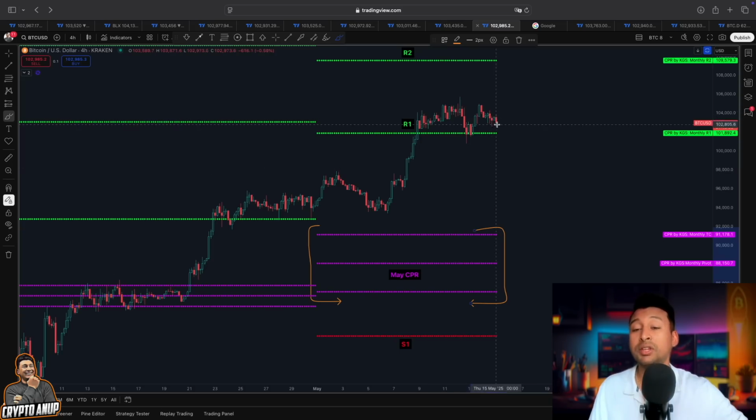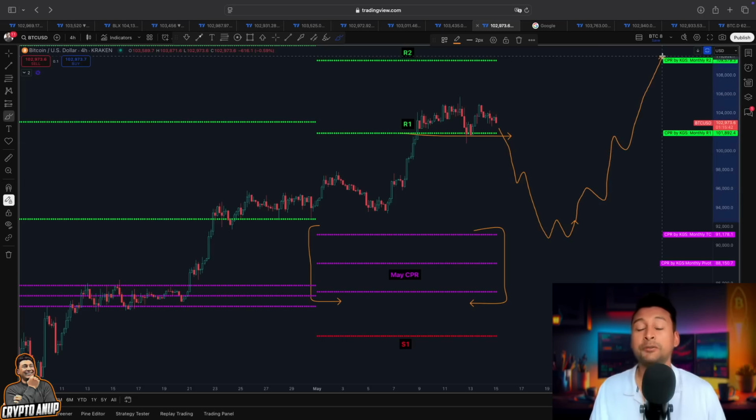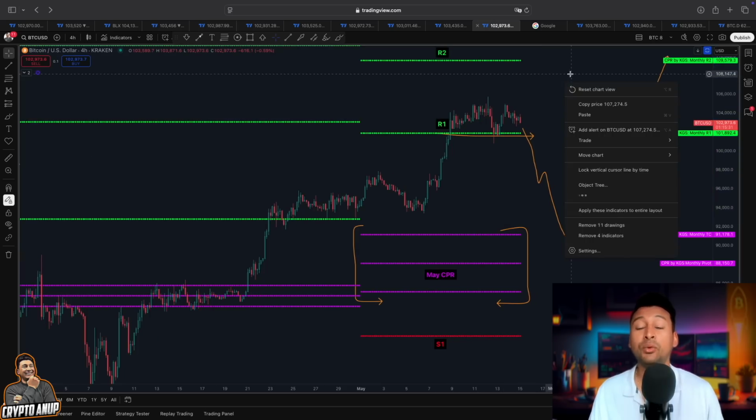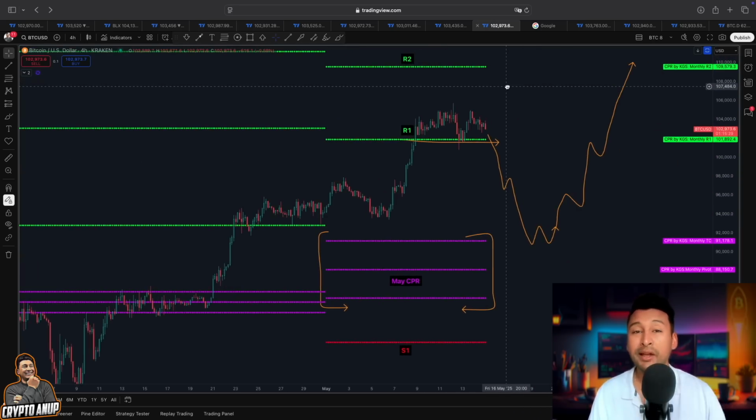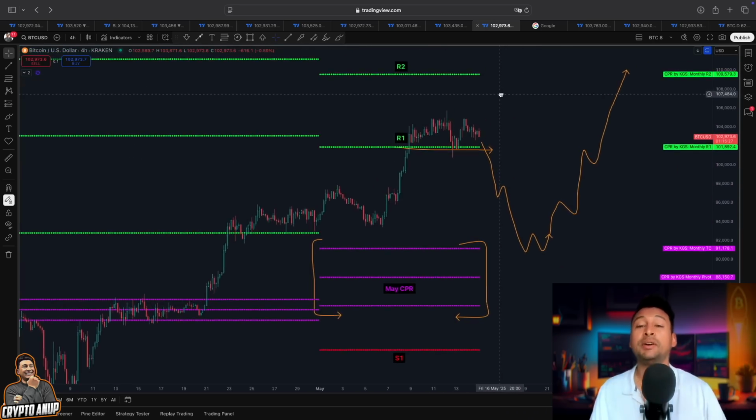In the worst case, we have to admit that even a pullback around the CPI trend line, 90, 92,000 in between that range, could be retested before expecting a continuation in this manner. Even if the worst case scenario starts playing out for Bitcoin, I still believe that could be a great buying opportunity for the upcoming month.